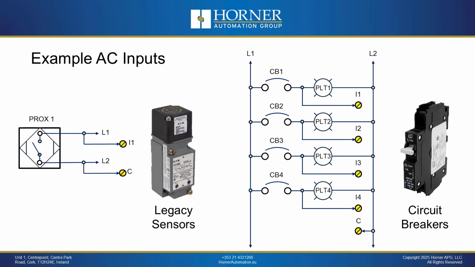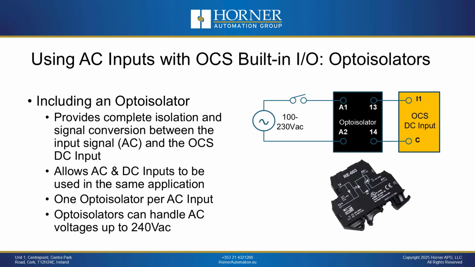Another scenario where we are dealing with AC is where we have a series of circuit breakers and we want to tap into the wiring after the circuit breaker so we can detect whether we have a current flowing through that wire. So another scenario is the output of a circuit breaker where we might want to tap into the AC signal and be able to interface that with our control system. So these are just a couple of different scenarios.